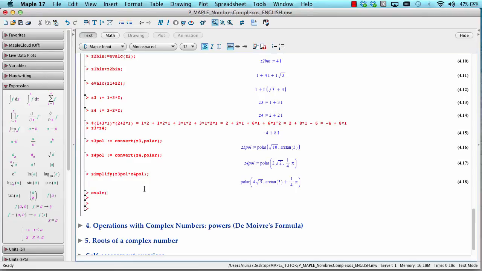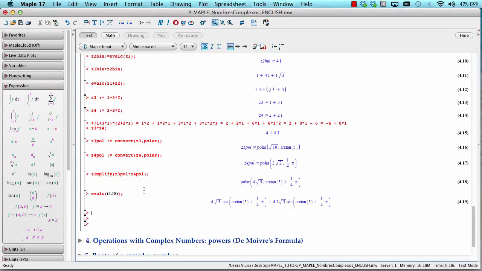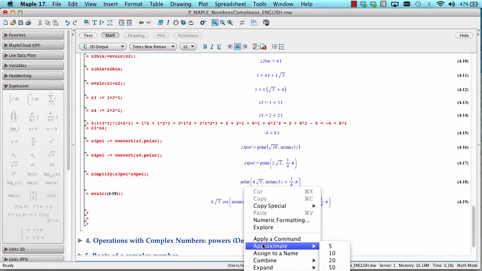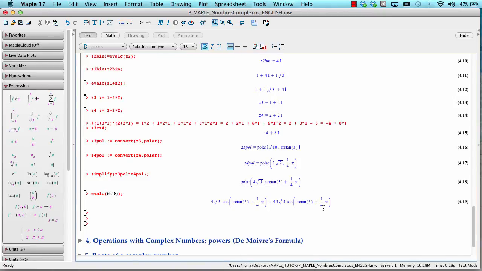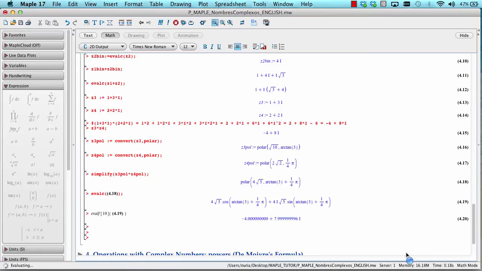And then if we convert it, let's remember Control L, equation 418. If we convert it and we just approximate it numerically, you will see that we get the same result, minus 4 plus, and this is due to rounding errors.